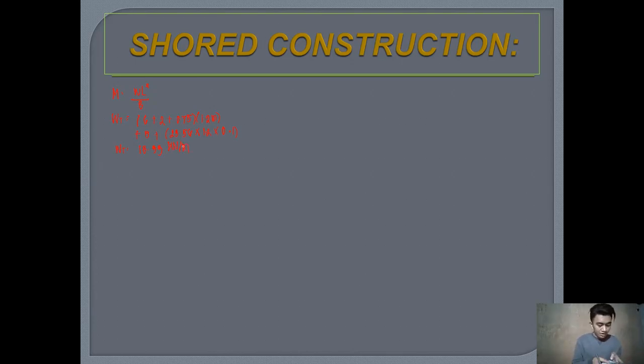I will have here 6 plus 2 plus 0.75 times 1.2 plus 5 plus 23.56 times 1.2 times 0.1, 18.33 kilonewton per meter. So substitute that one on our equation, which is WL squared all over 8.